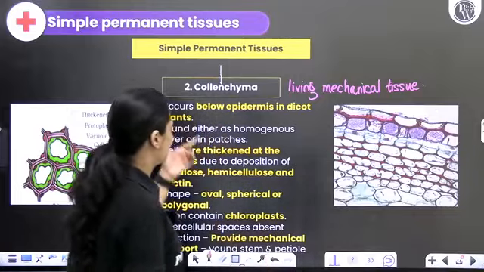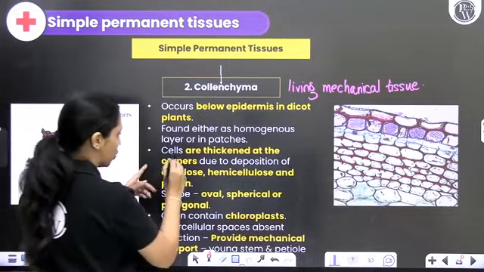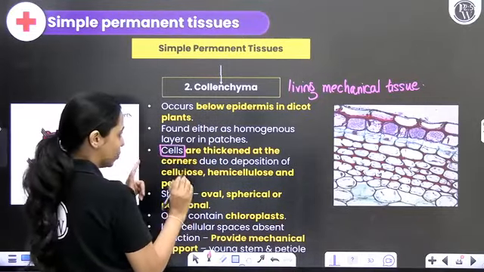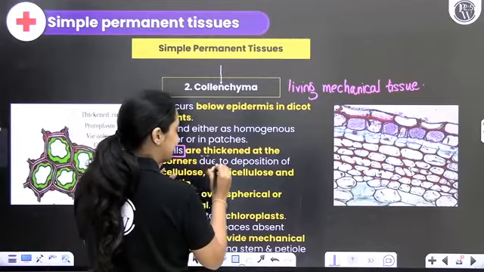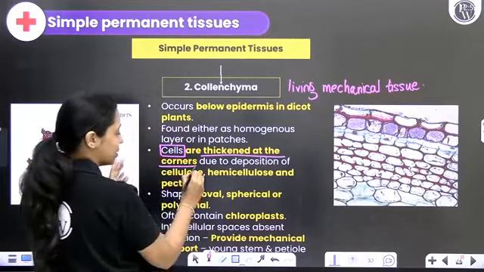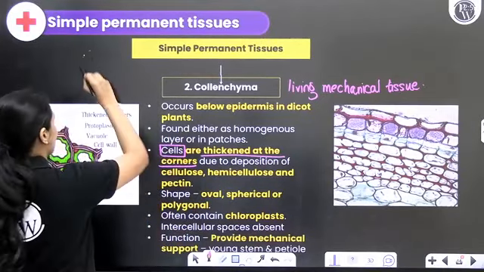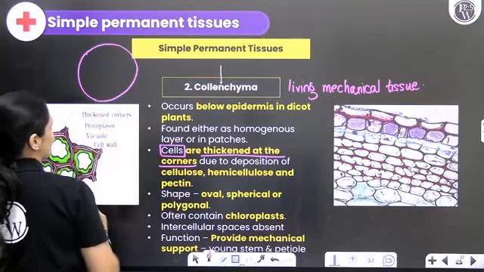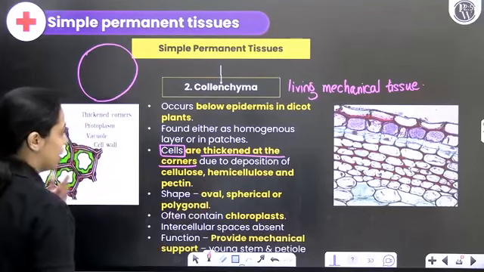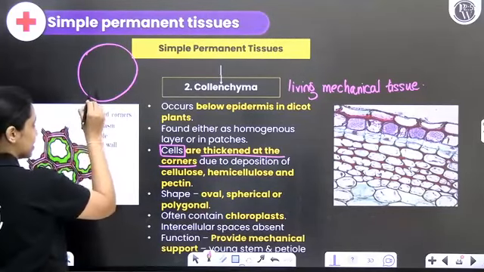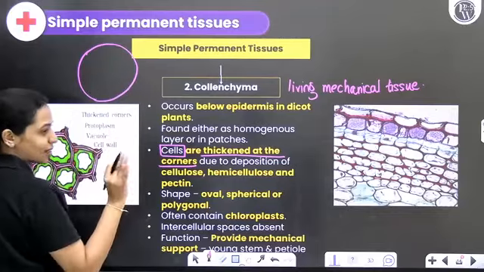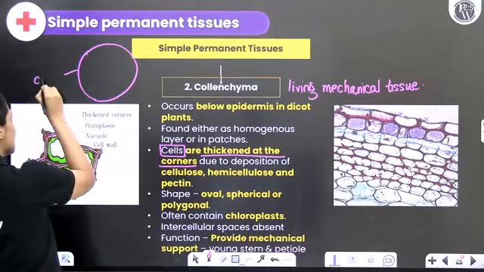Okay, so over here, if you think about the cell wall, it will thicken at the corners. See, if this is the young cell, a meristematic cell, it has decided to become collenchyma. What it basically does is, initially meristematic cells will have very thin cellulosic cell walls.